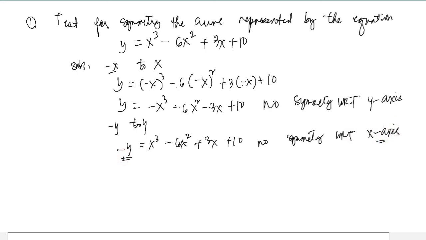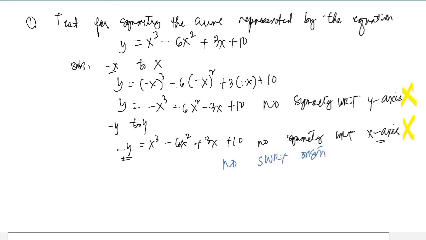So, since wala siyang symmetry with respect to the x-axis, wala rin siyang symmetry with respect to the y-axis, meaning wala rin siyang symmetry with respect to the origin.